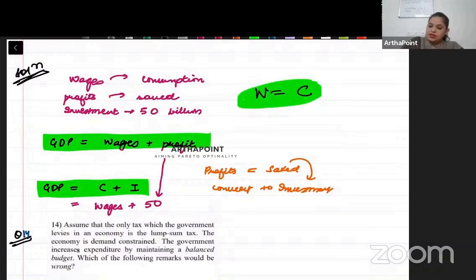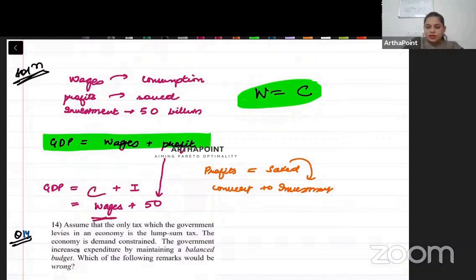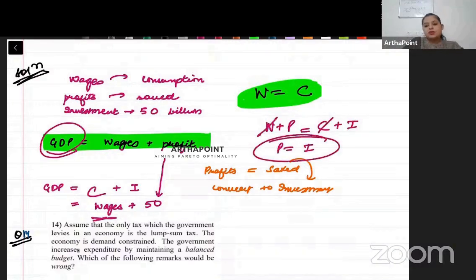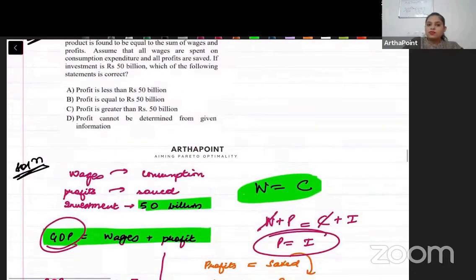This means that I can replace this C with W. Both are same. So if I have to equate W plus P, that means wage plus profit, this is also GDP, is equal to C plus I, and W and C are same, so profit and investment will be equal. And it is saying that investment is of 50 billion. So profit will also be of 50 billion.